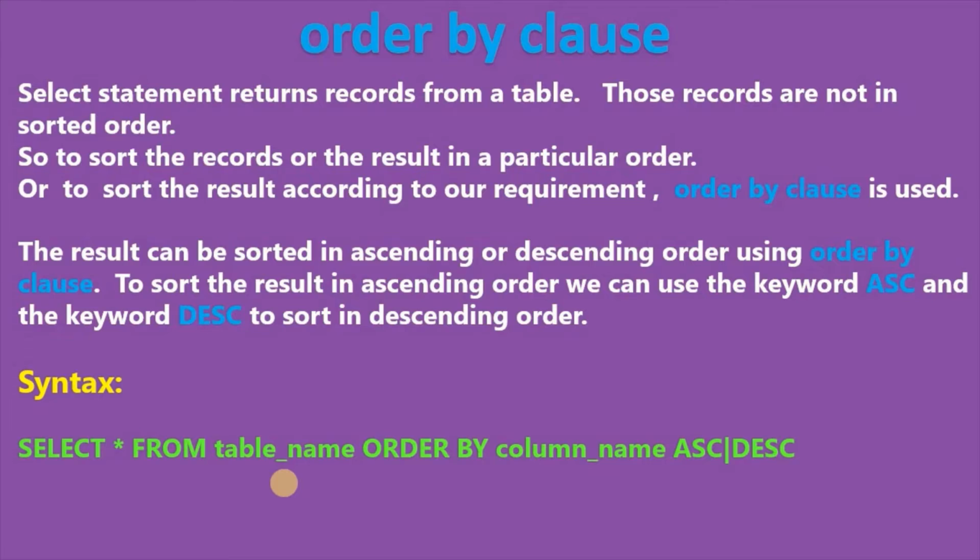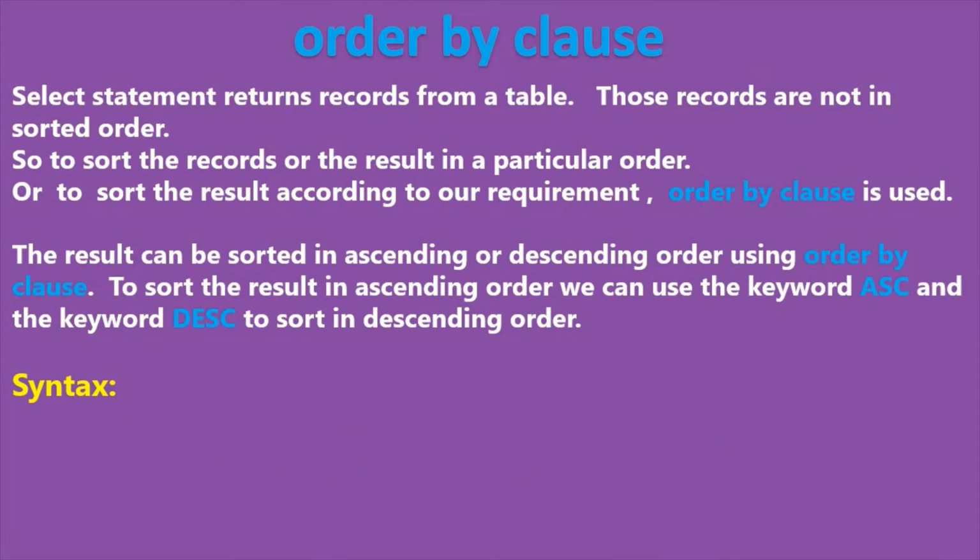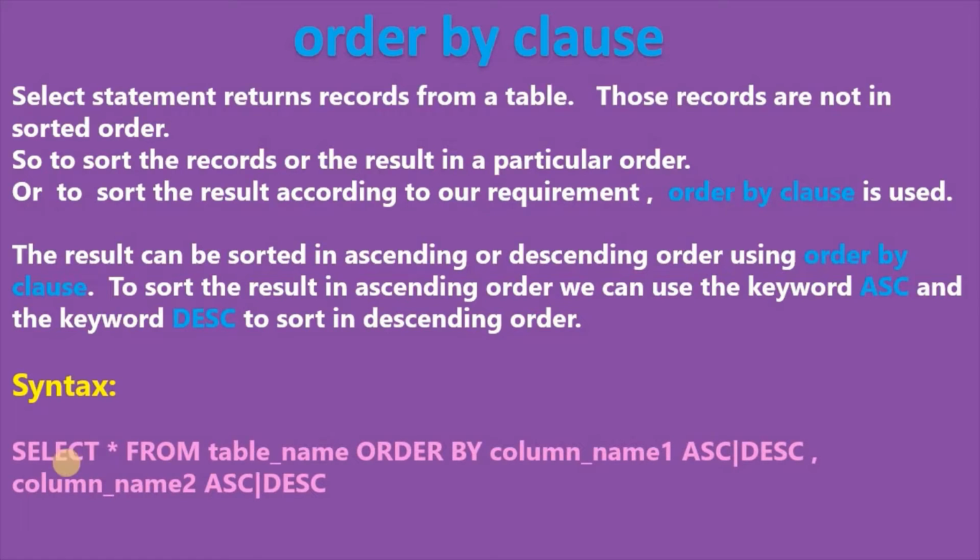But we can sort more than one column also. In that case, the syntax will be: select star from table name, order by column name 1, ASC or DESC, comma, column name 2, ASC or DESC.